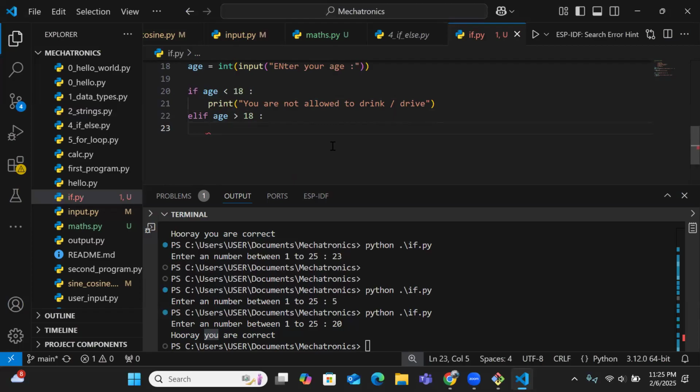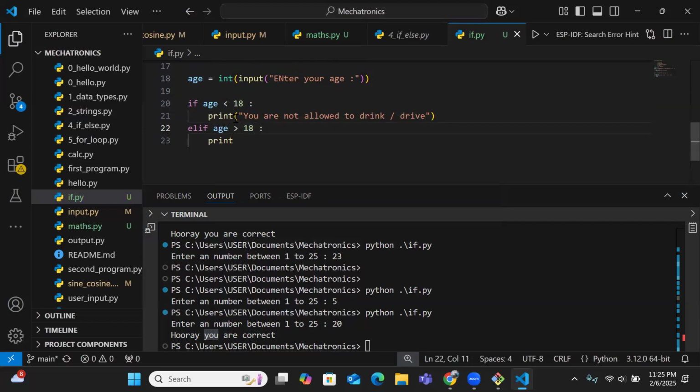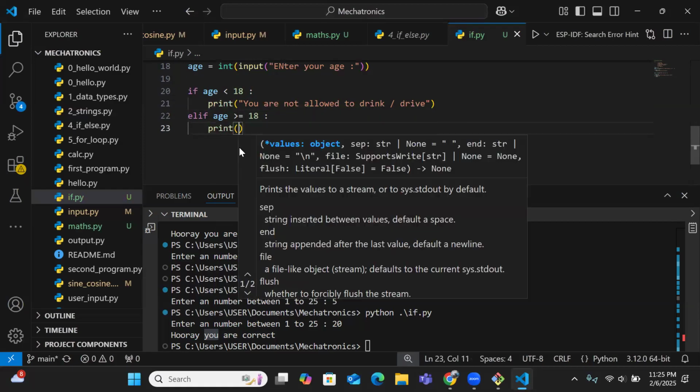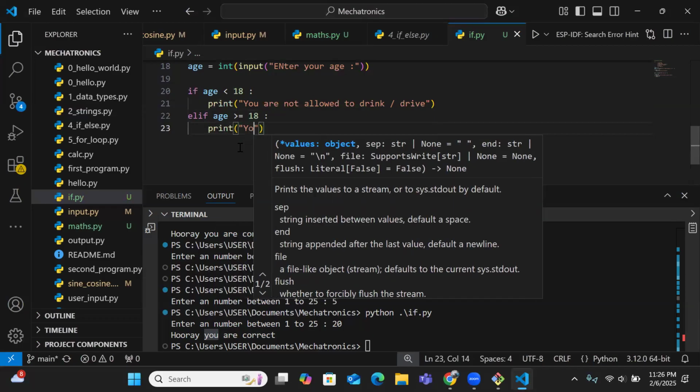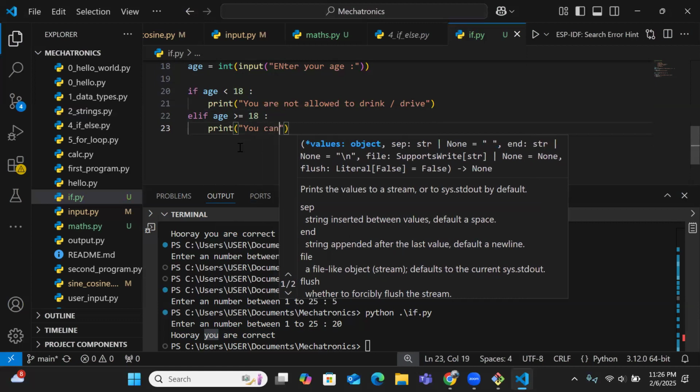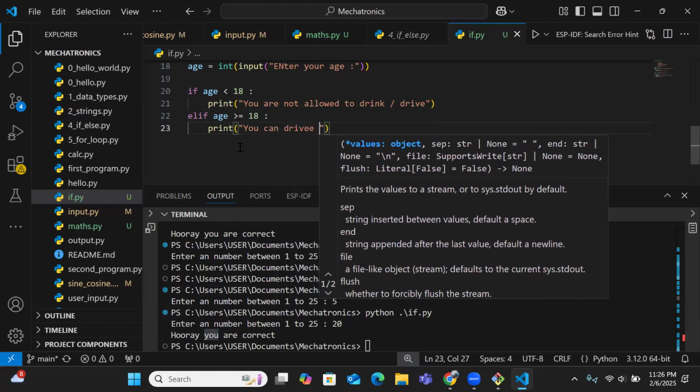If your age is greater than, let's say equal to 18, then you print, you are just 18. You can drive or drink.